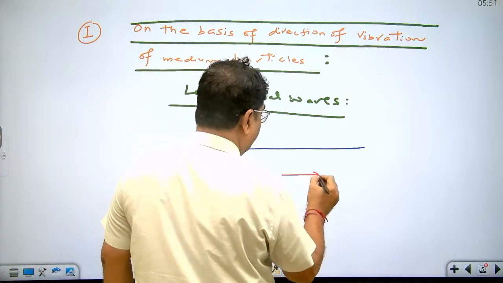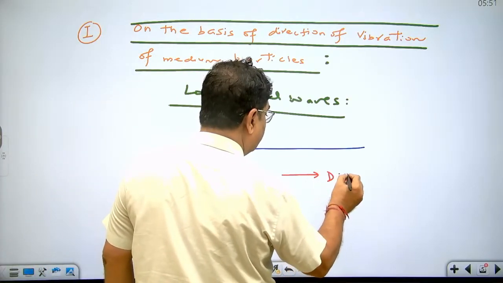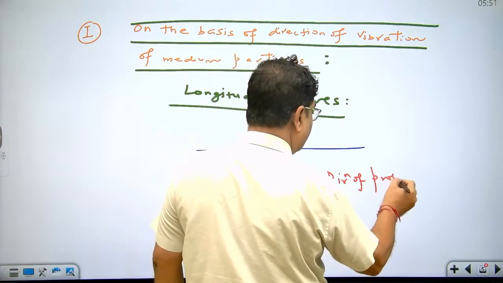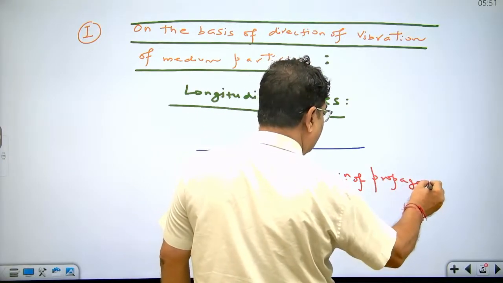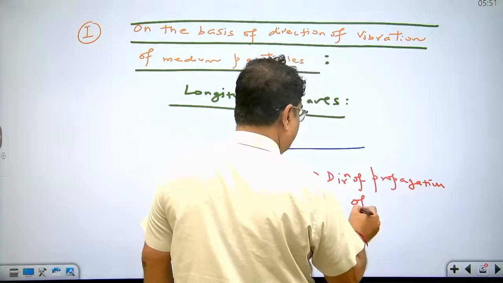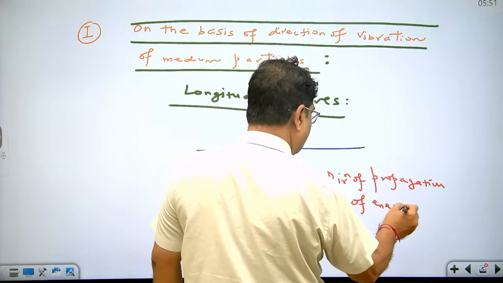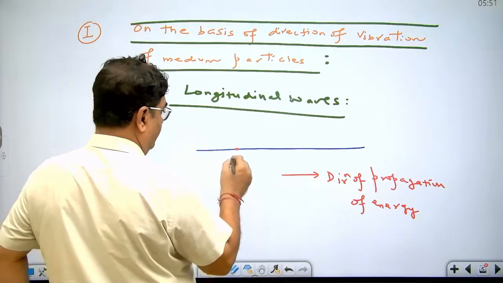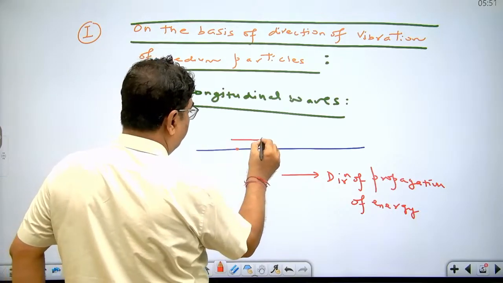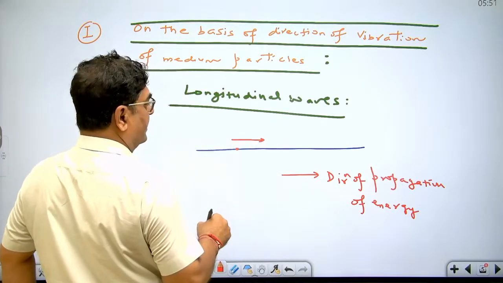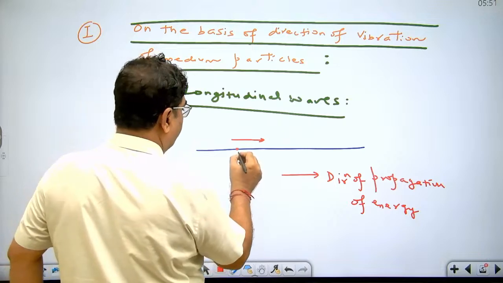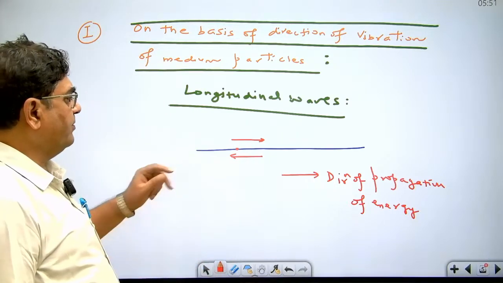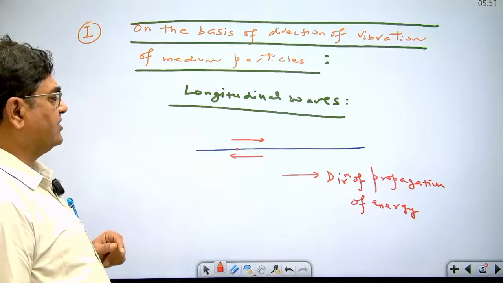Let's say if this is direction of propagation of energy, then the medium particle will move either in the direction of propagation of energy or opposite to direction of propagation of energy.